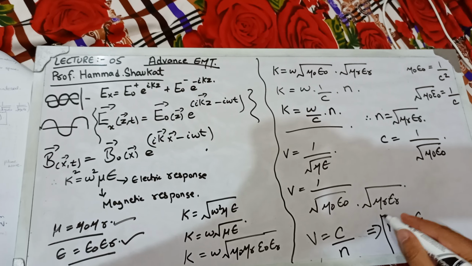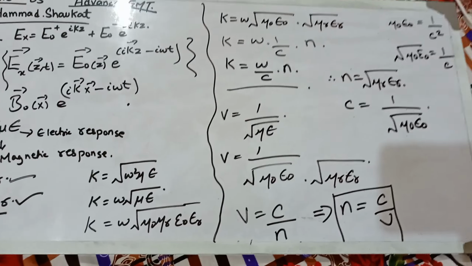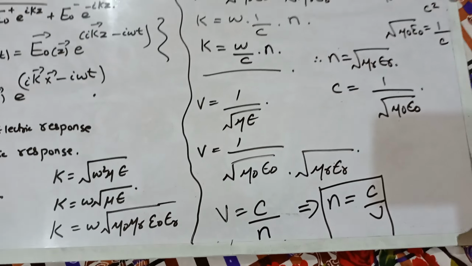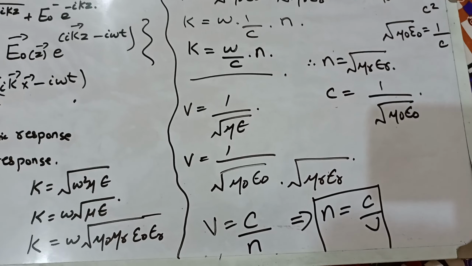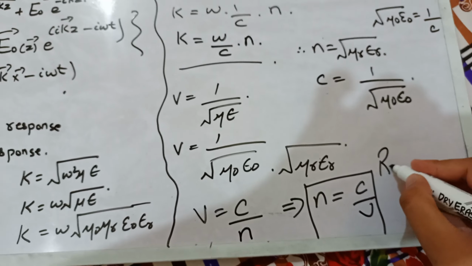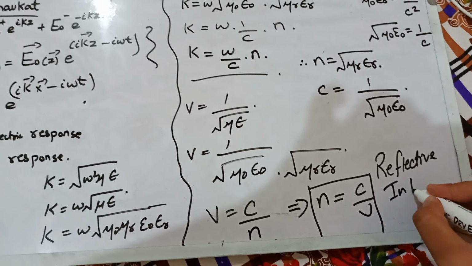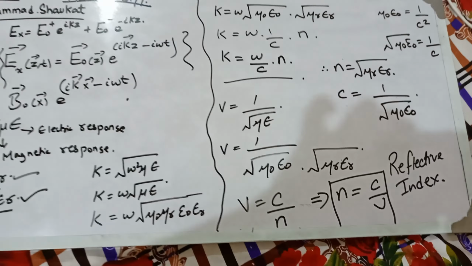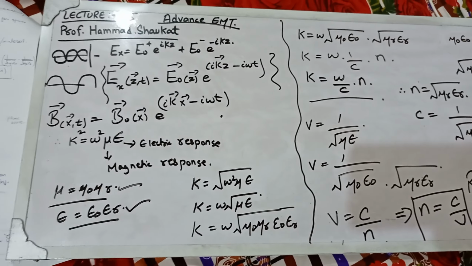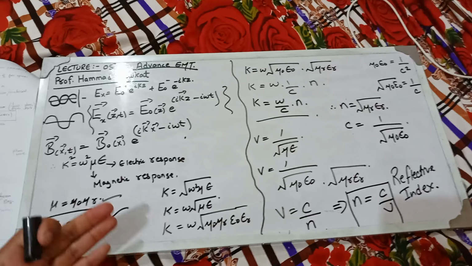This is the final expression for the refractive index: the speed of light divided by the velocity in the material. I should write it: refractive index, this is the refractive index of the material. So this is how you can find the refractive index of the material.